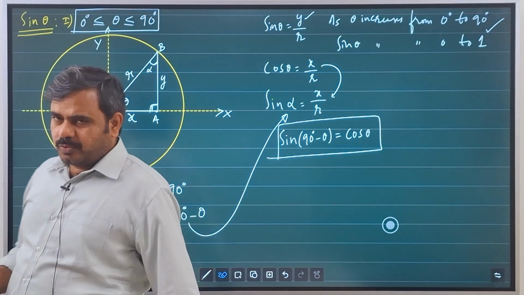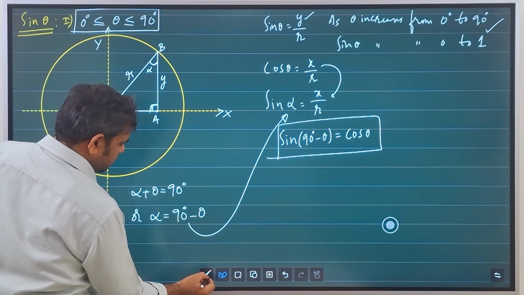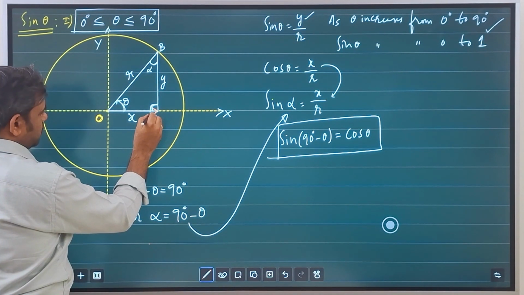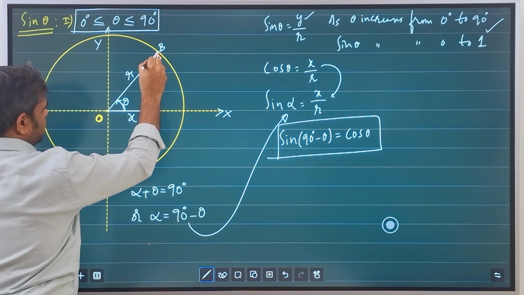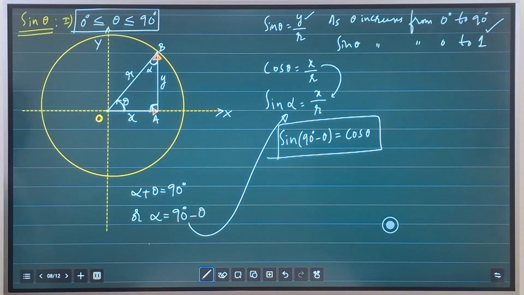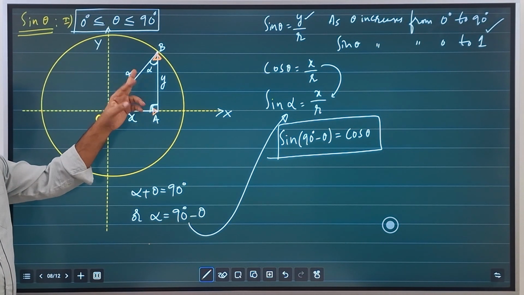x is positive, y is also positive, that is why sin theta values are positive. Here this is the positive x direction, positive x-axis, y is measured above the x-axis, so y is positive, r is anyway positive, r is equal to 1.